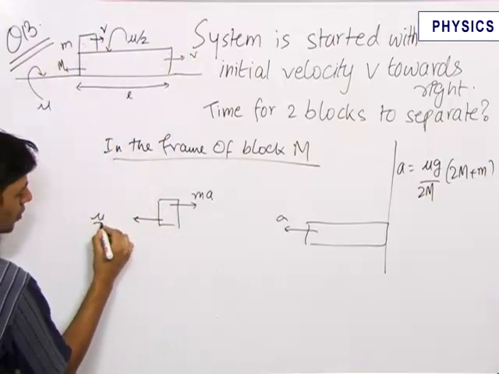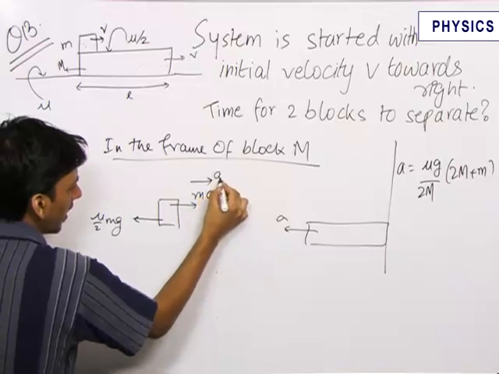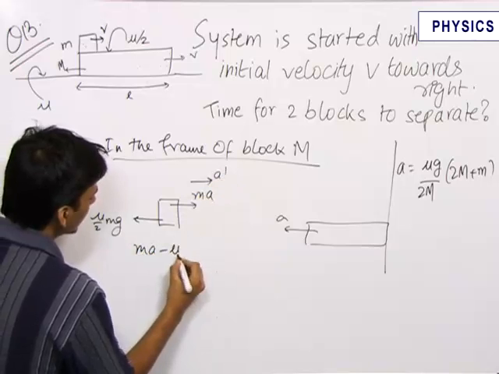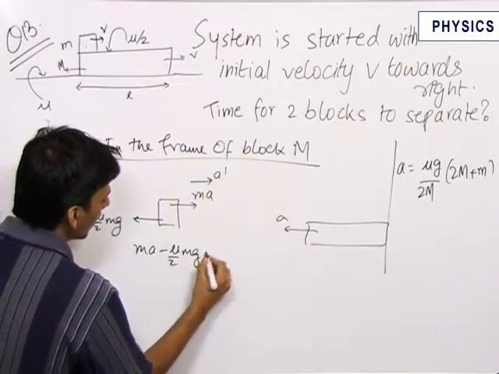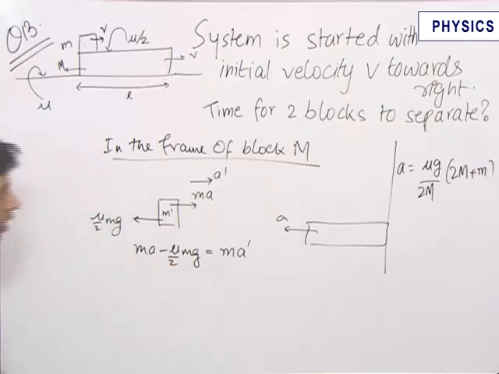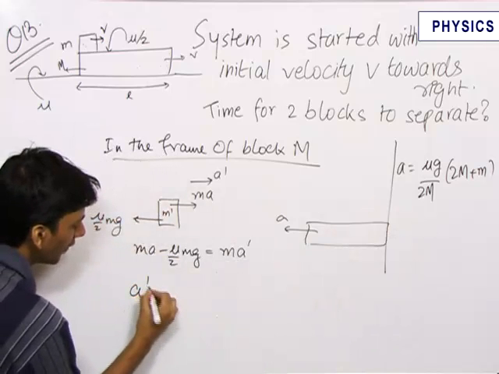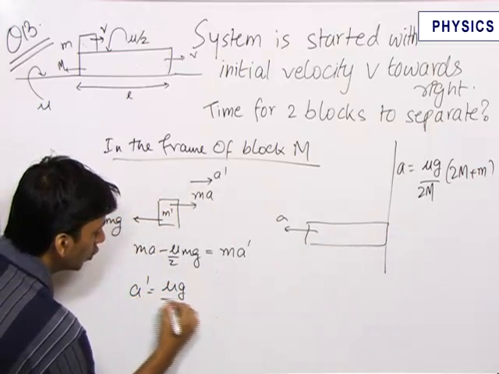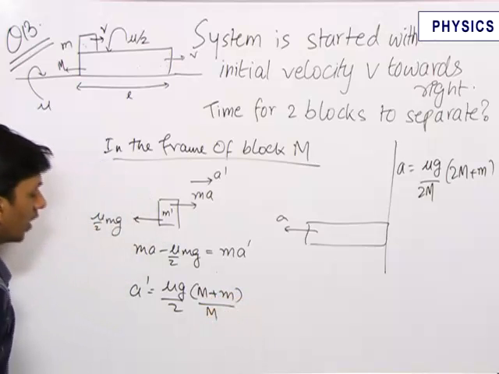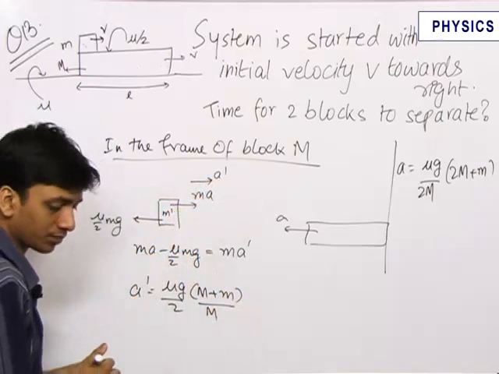This is again equal to mu by 2 into mg, and the acceleration of this block will be a dash. Now when we write the equation, it becomes ma minus mu by 2 mg equals m a dash. We feed in the value of a from here to get the value of a dash as mu g upon 2 into (M plus m) upon M. This is the acceleration of the upper block in the frame of the lower block.